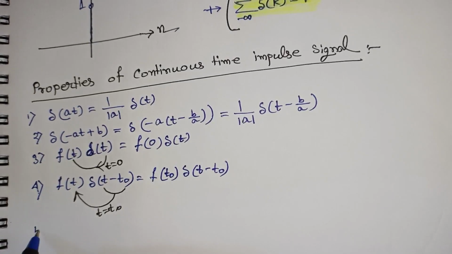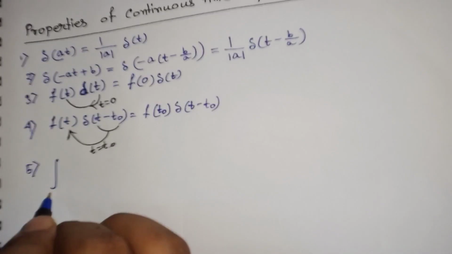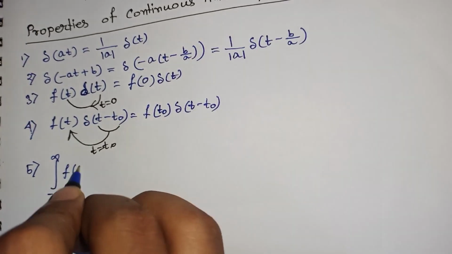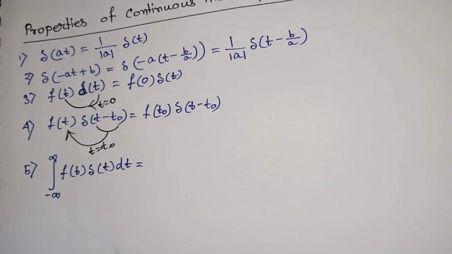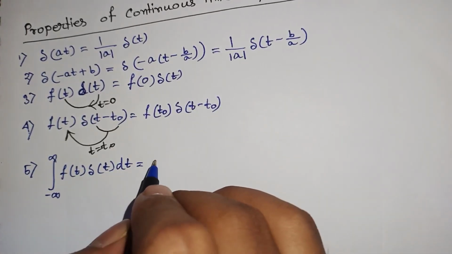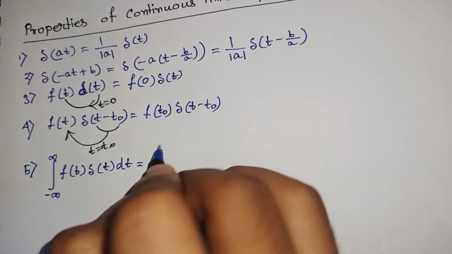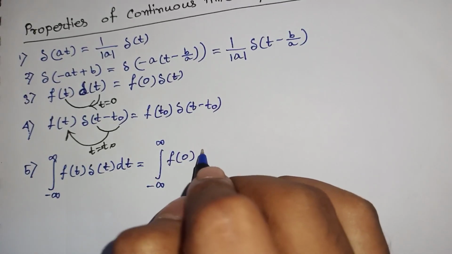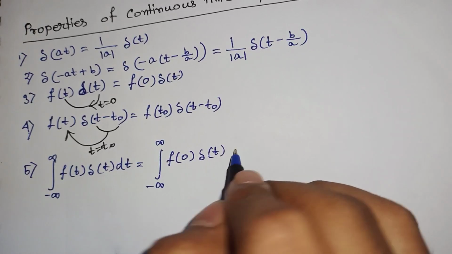Number 5, integration from minus infinity to infinity f t del t dt. We know f t del t is f 0 del t from the third property.